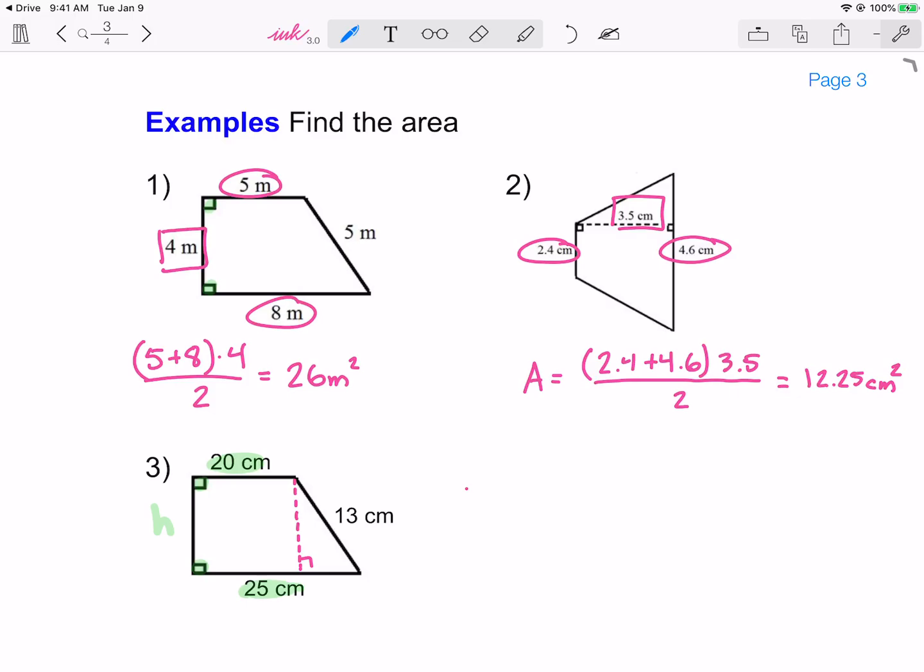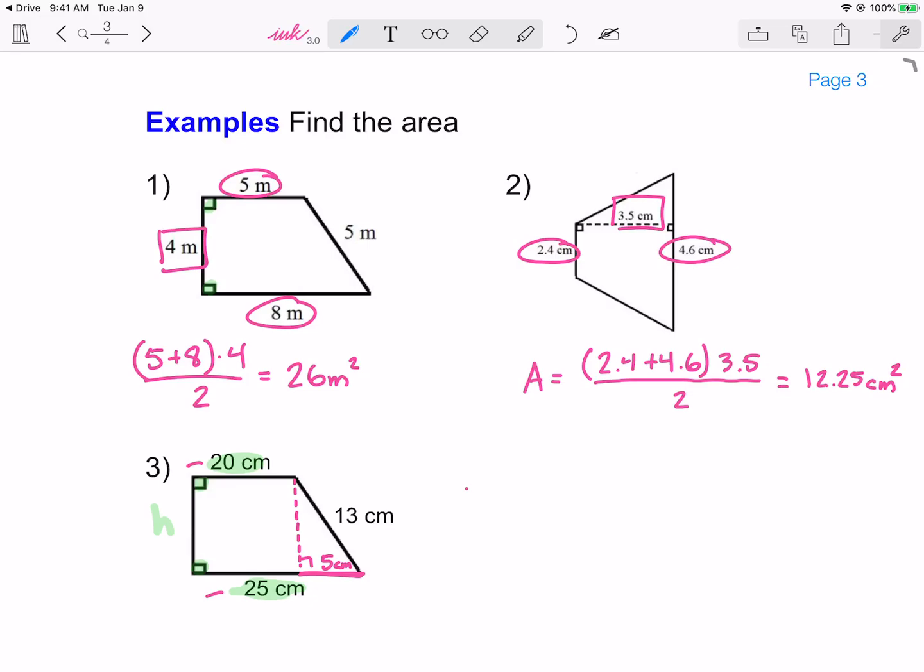But the question is, how long is this piece right here? So that piece right there is going to be this 25 minus the 20 on top. So this is actually 5 centimeters. Again, I did that by subtracting the 20 from the 25.